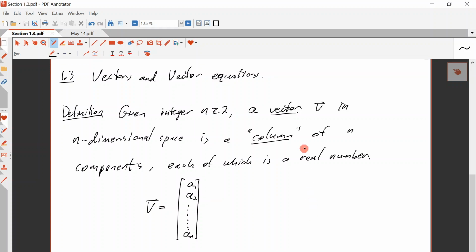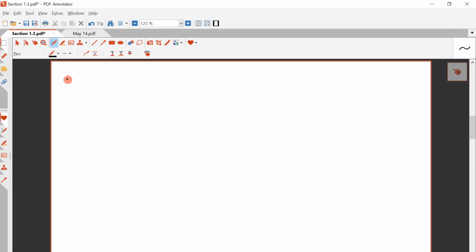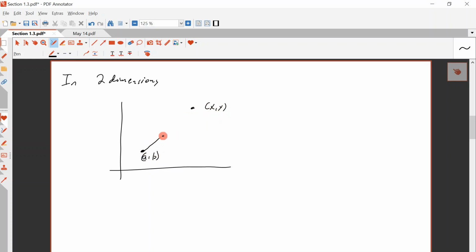Vectors are columns. So in 2 dimensions, in the xy plane, if you have a point A, B here, and a point X, Y over here, then the vector is a line segment from this point to that with a direction.